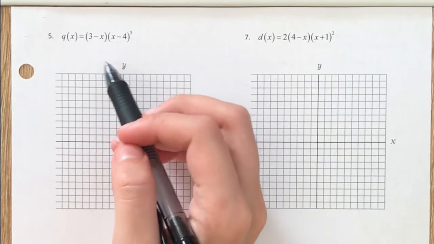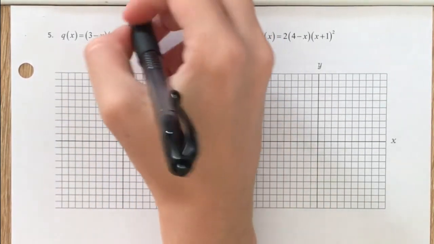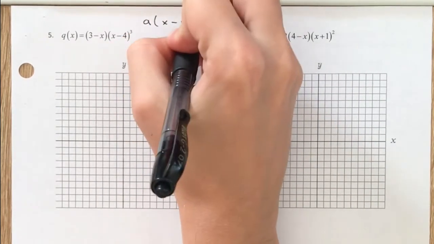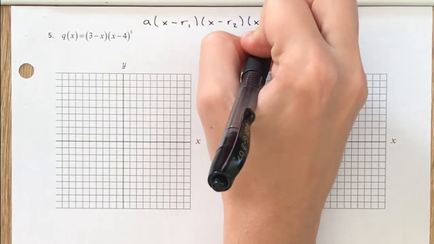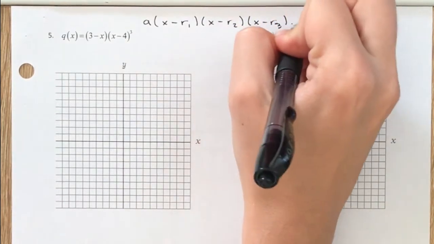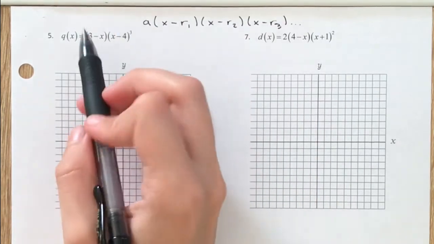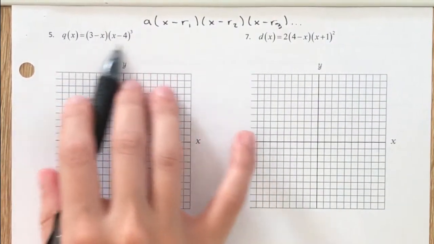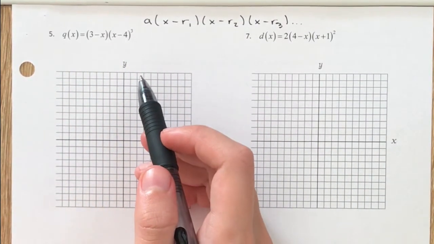It really looks almost like root form, but remember, root form is a times x minus r1 times x minus r2 times x minus r3 for however many roots there are, right? X minus the root, not root minus x. So we need to modify this so that it's truly in root form before we continue.